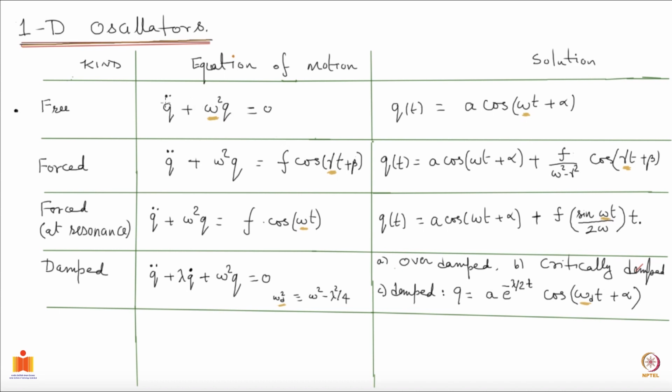the same oscillator, but this time it is acted upon by some external agent, which is exerting a force which is periodic, with frequency gamma, and beta is some phase that we have chosen for that oscillator.